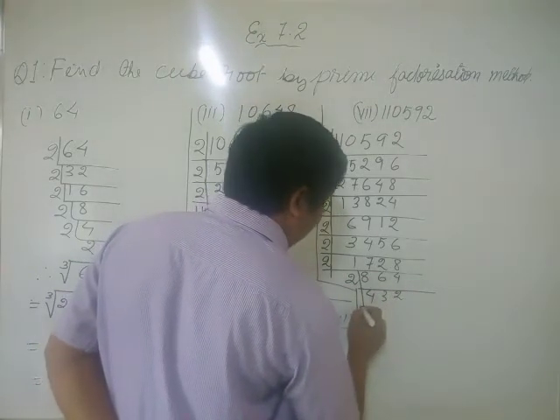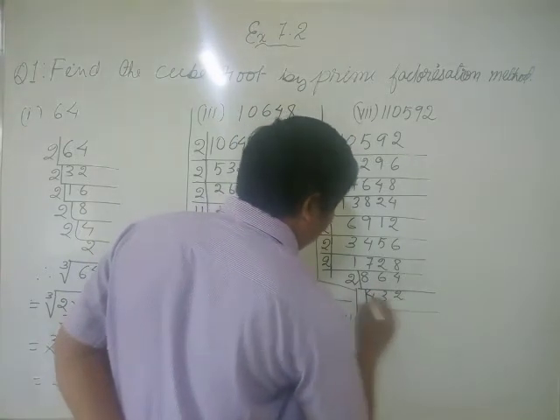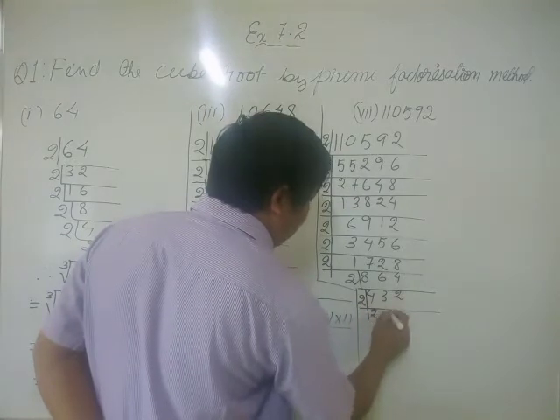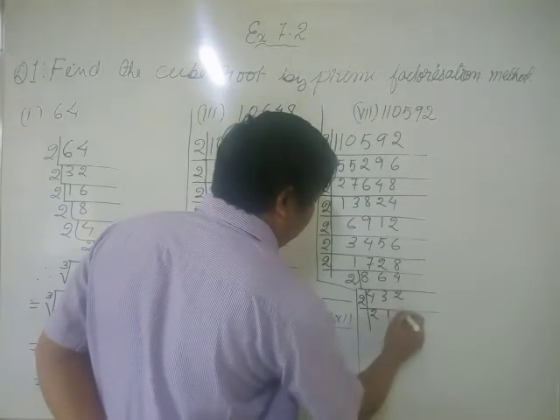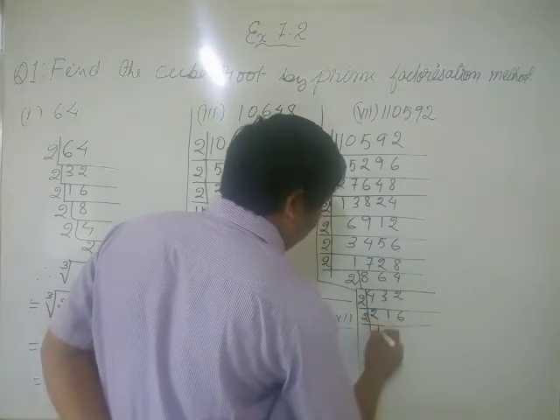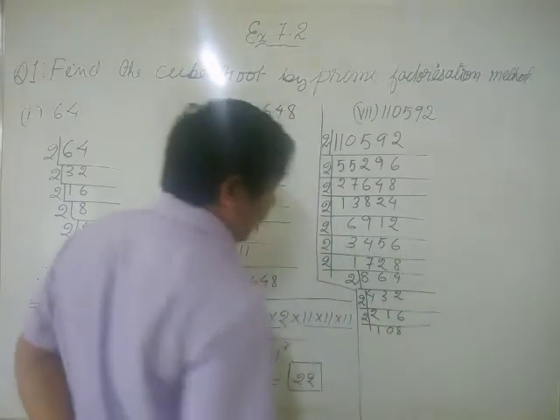Now still with 2 here. 2 2s are 4, 2 1 is 2, and 2 6 is 12. Still with 2. 2 1 is 2, and 0 8. Isn't it? Yes.